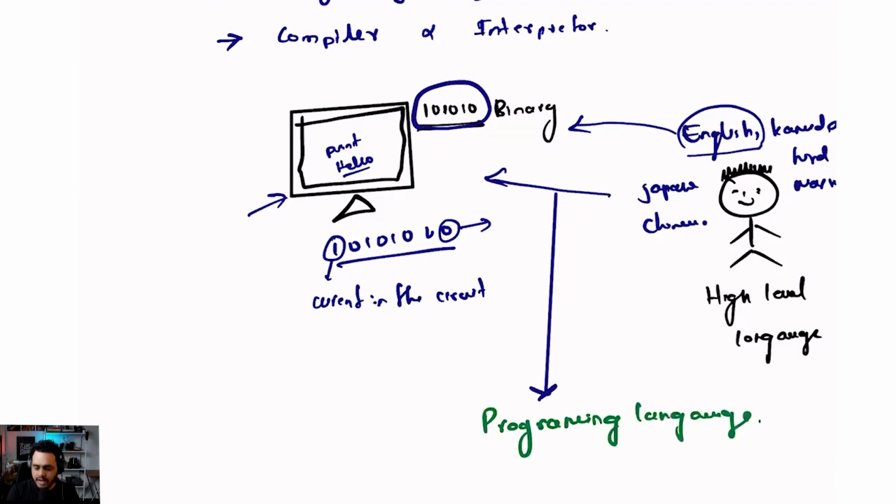What are we trying to do here, guys? We are trying to give some instruction to the computer. I'm telling, hey, please print hello. I will tell, hey, open something. Hey, play this song. Are we not giving some instructions here? Yes.